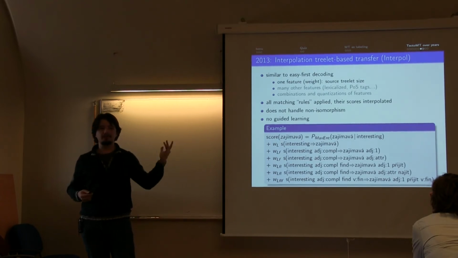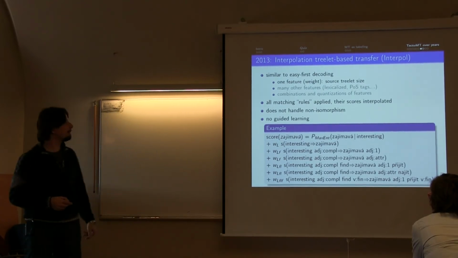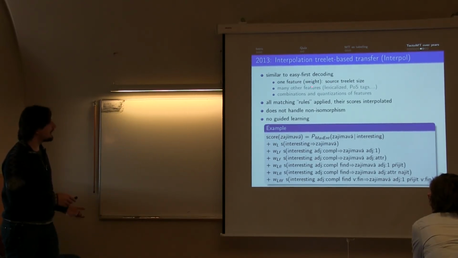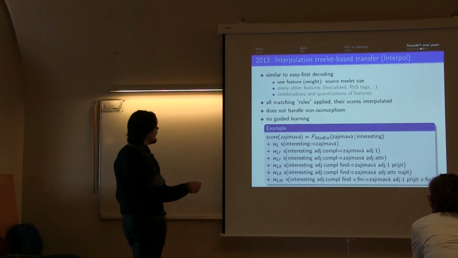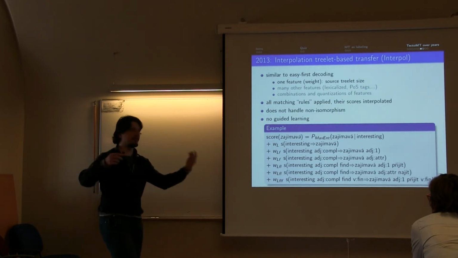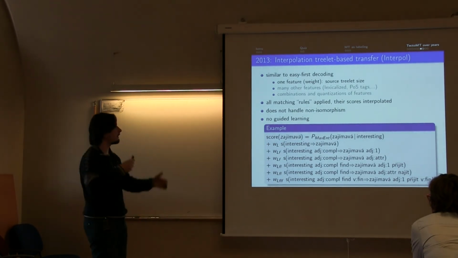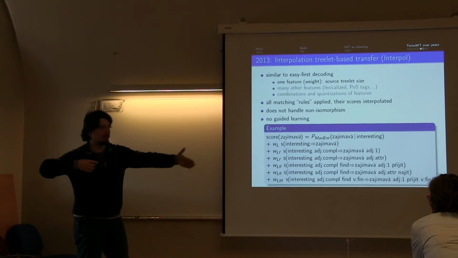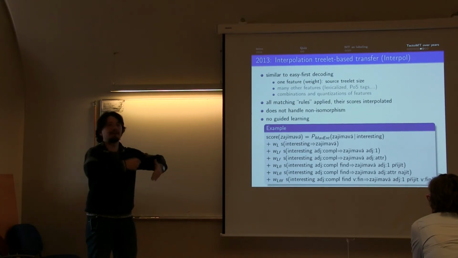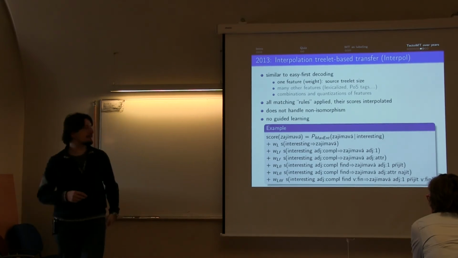I think this could be a useful feature. And many other features are possible. I can have a lexicalized feature, I can look at the part of speech tags and so on. I can do combinations or quadratic features, the interactions. I can quantize the language model score, which can be bucketed into several binary features, and so on.